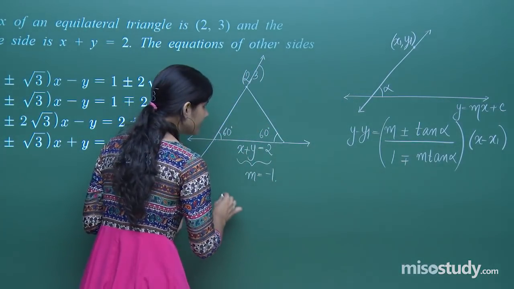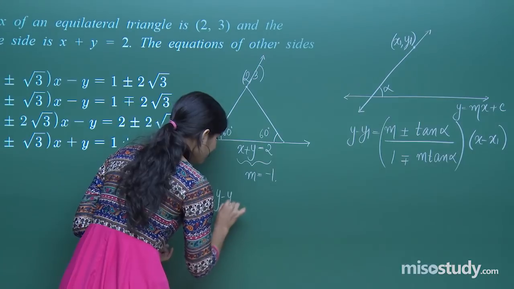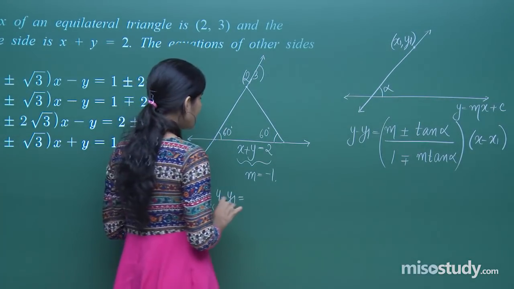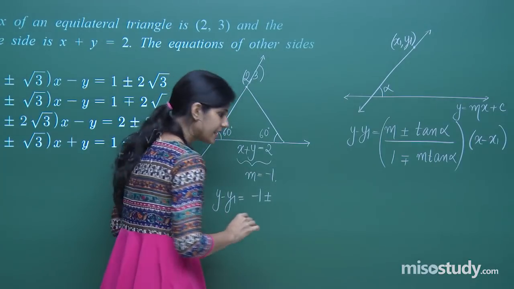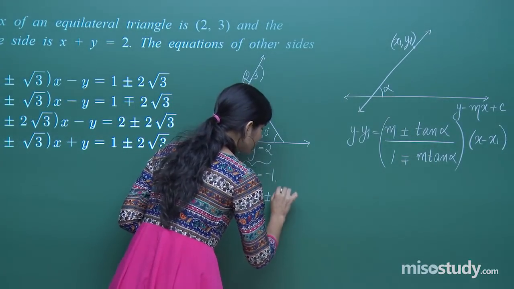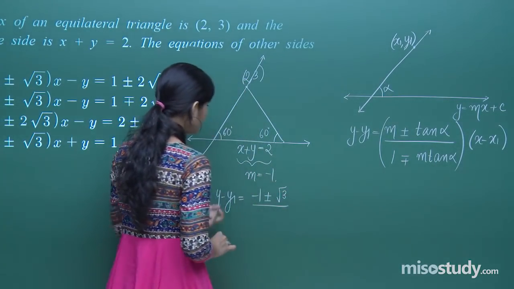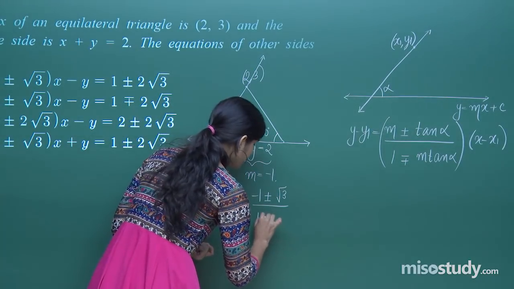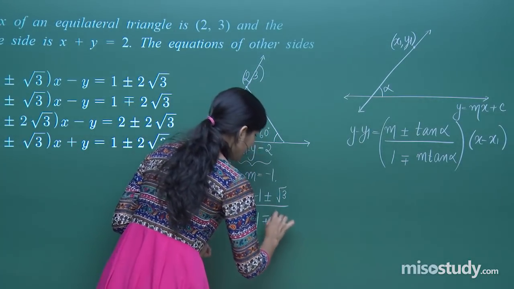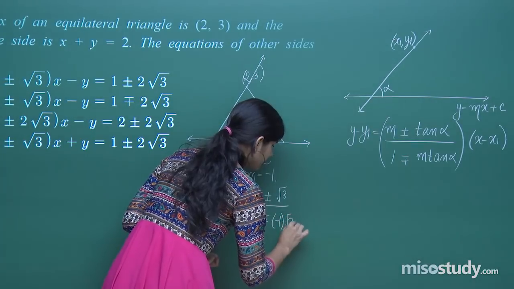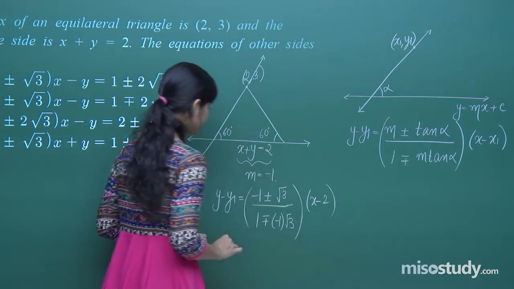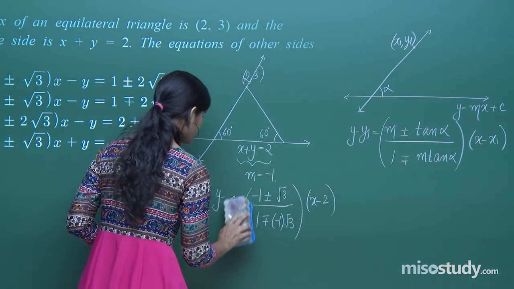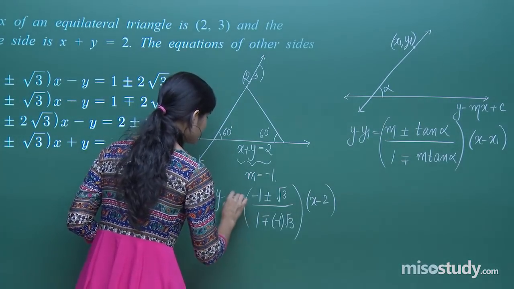So I am going to say the equation is y minus y1 equals m, which is minus 1, plus minus tan alpha, which is tan 60, which is root 3, upon 1 minus plus m tan alpha, into (x minus x1). y1 is 3, because x1 is 2, y1 is 3, (2, 3) is the point.